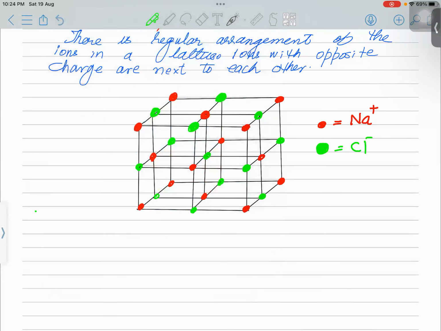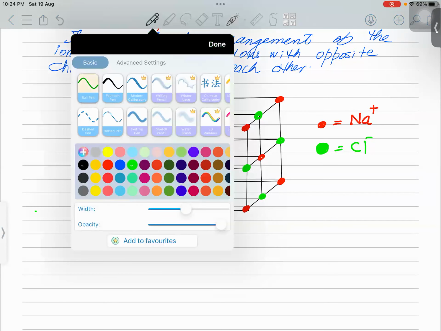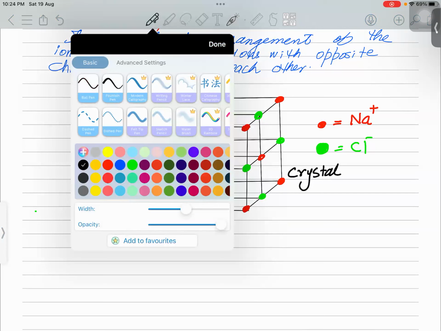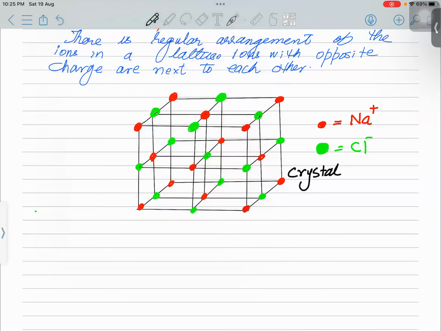This is the crystal lattice of sodium chloride, the crystal of NaCl.